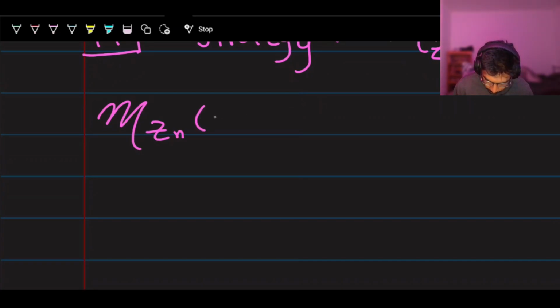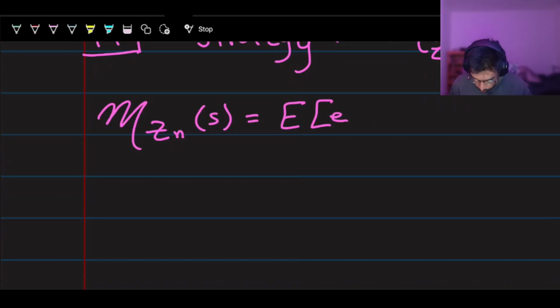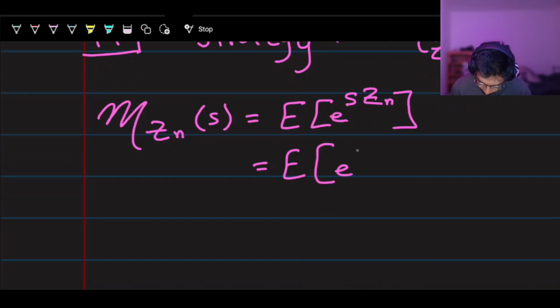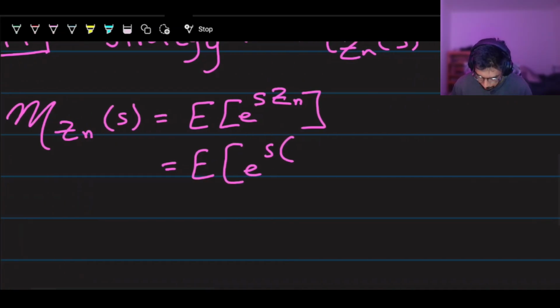We can start with the moment generating function of our standardized random variables, and we can say that this is the same as the expectation of e to the s times Zn, which, if we spell out Zn, is the sum of our random variables minus n mu, over root n sigma.